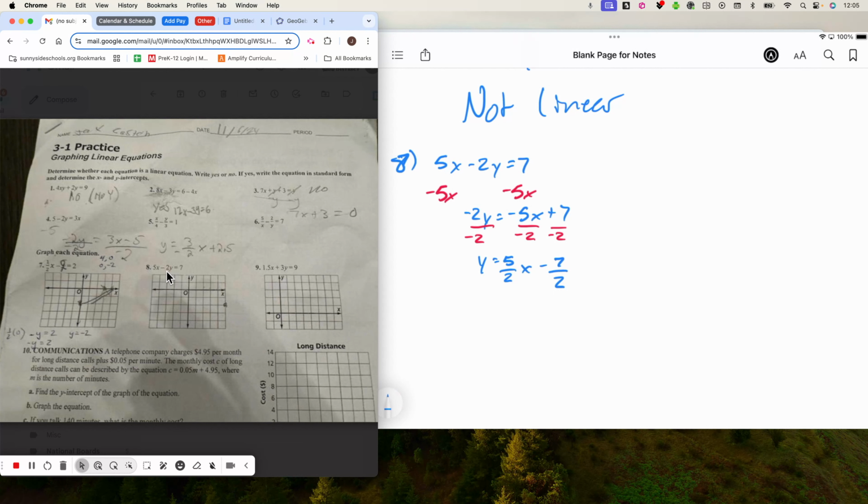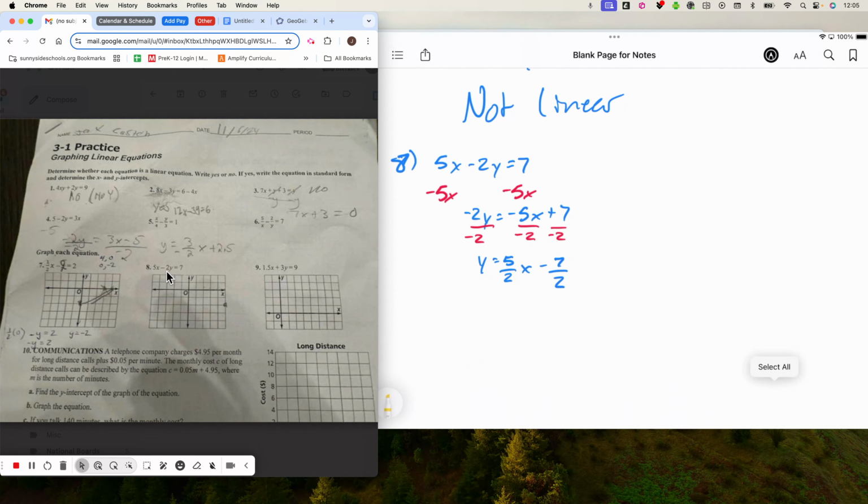Whoever is teaching this class or any math class in your life is not going to allow you to graph a y-intercept that is not a whole number, like negative 3.5. And so this is not something that we can effectively graph because our graph goes by whole numbers, not by halves.